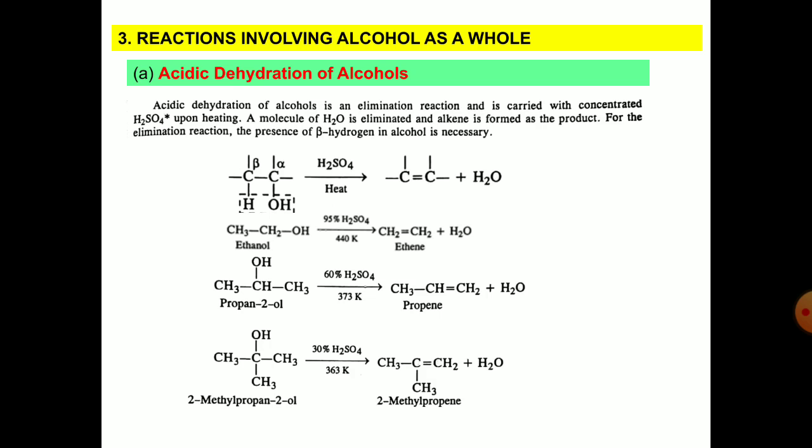Similarly, if a tertiary alcohol is taken, then a lesser amount of sulfuric acid and a lower temperature are required for the dehydration. The OH group of the tertiary carbon and an H atom of any methyl group will be removed to give 2-methylpropene, which is given on the right-hand side.